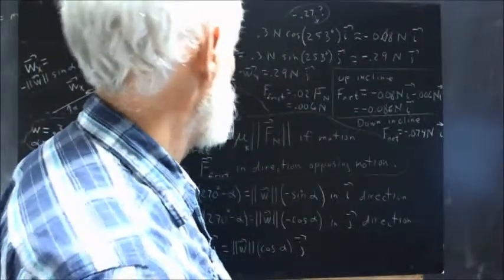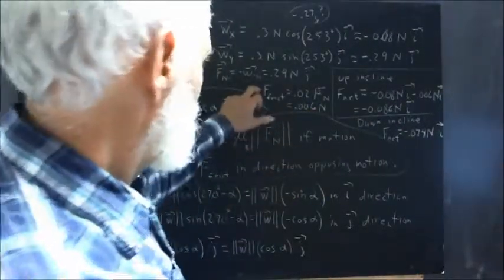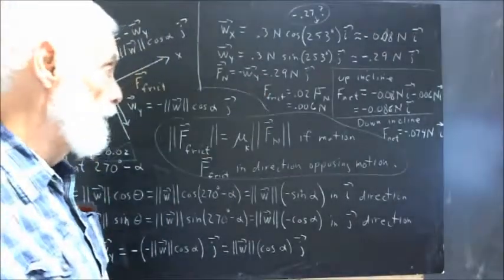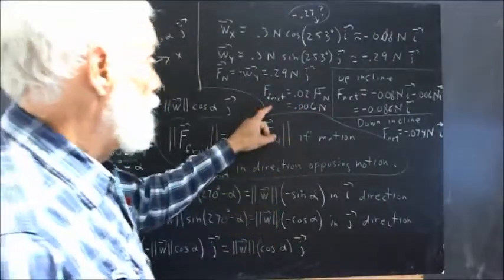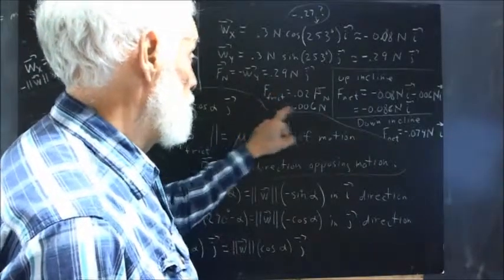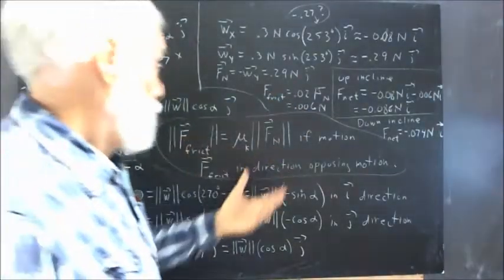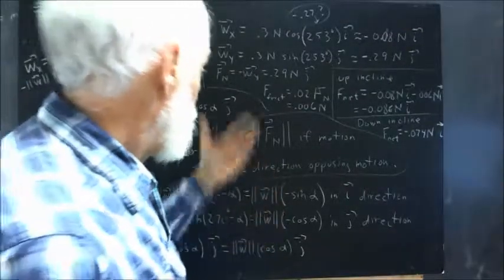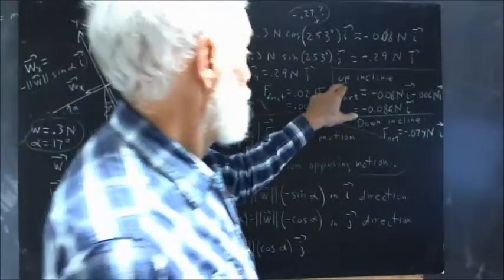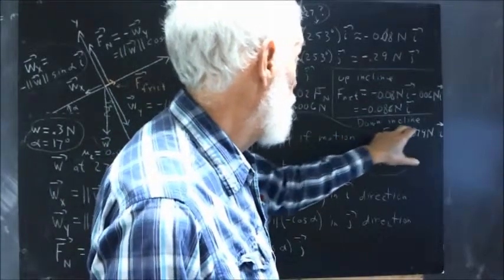In any case, we get these vectors, and the F friction doesn't have an arrow over it. I don't have a direction on it. I just have F friction with no arrow, which means this is the magnitude of the frictional force. We have to put a direction on the frictional force, and that direction is going to depend on whether the cart is moving up the incline or down the incline.